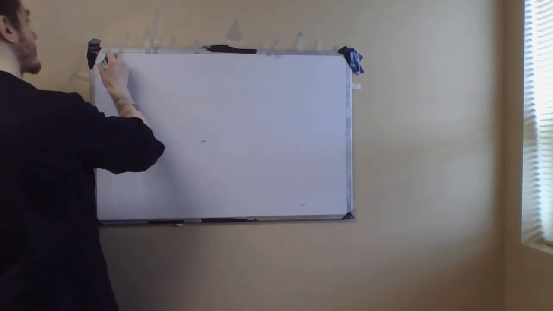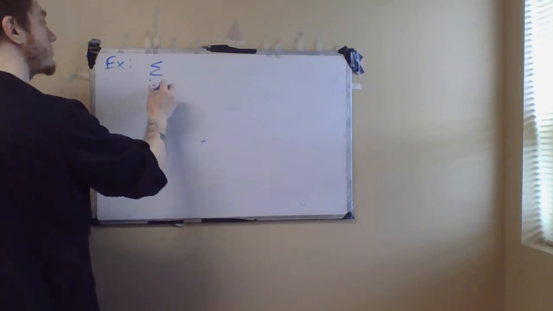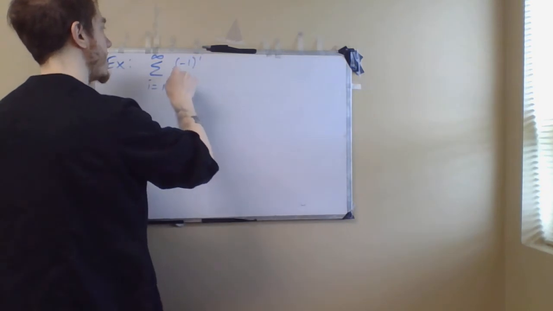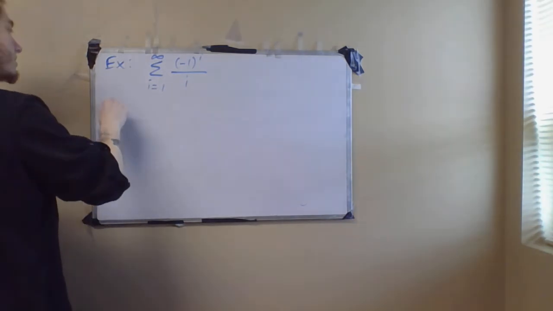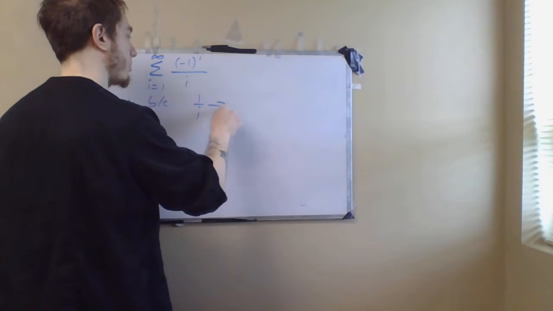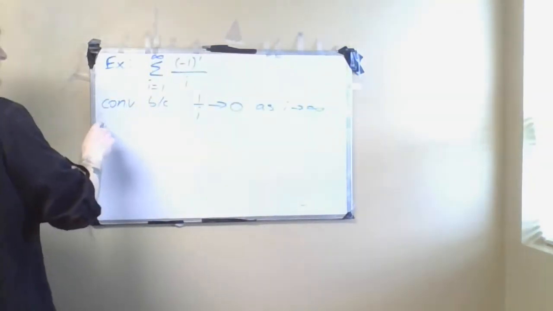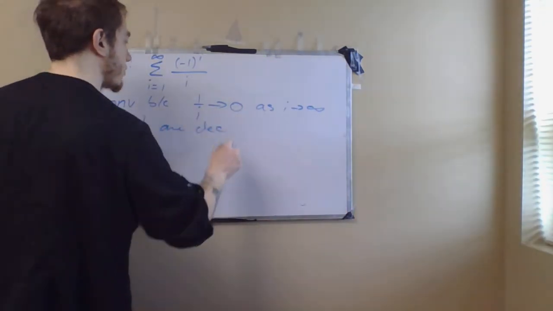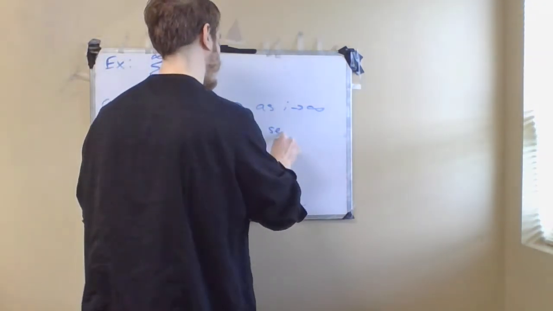So an example of this kind of thing is going to be the sum from i equals 1 to infinity of minus 1 to the i divided by i. Now this converges because 1 over i approaches 0 as i goes to infinity, and the 1 over i are a decreasing positive sequence.